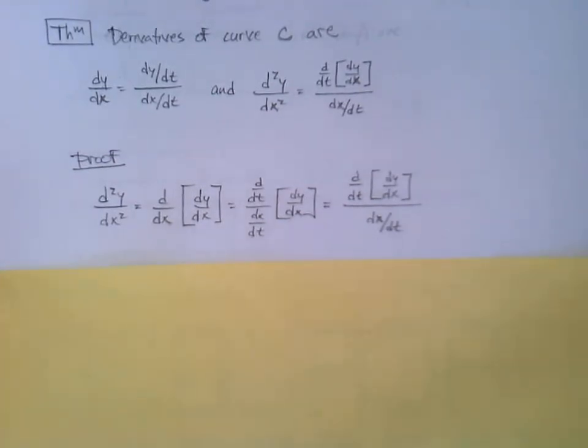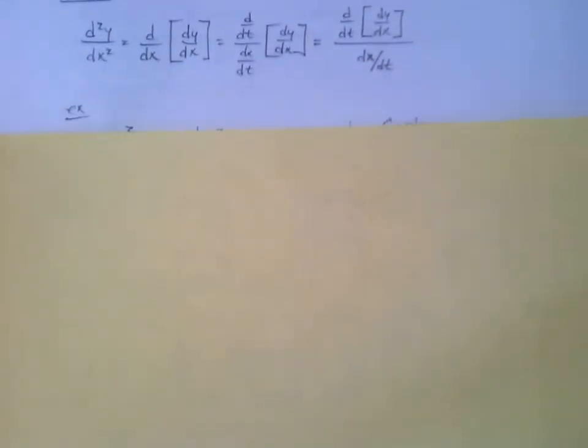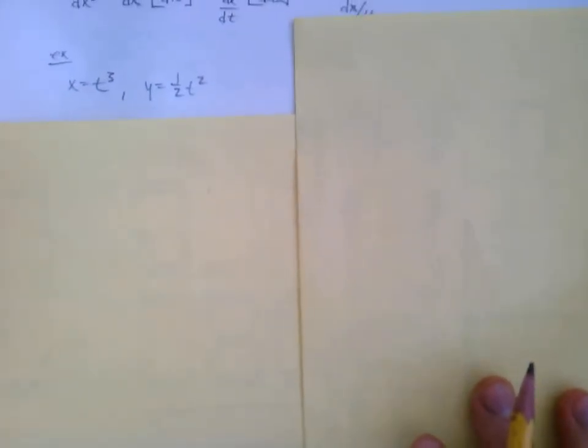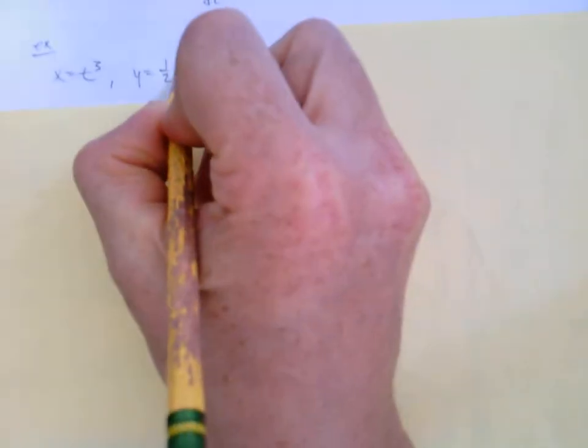Let's see just a quick example here with some polynomials. Get used to this, make sense of it. How does this play out? So before we get into more difficult examples, I've got this one for us, and let me go ahead and cover up this side for now. Okay. How about x equals t to the third, y equals 1/2 t squared.